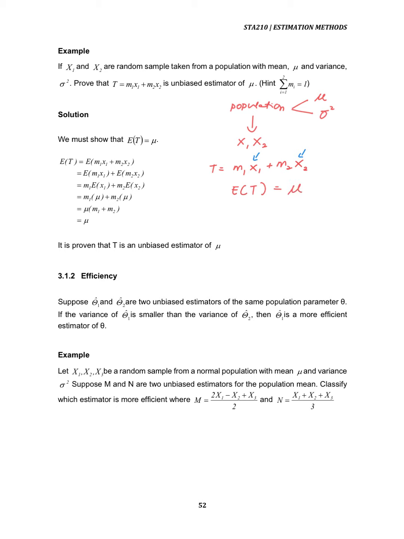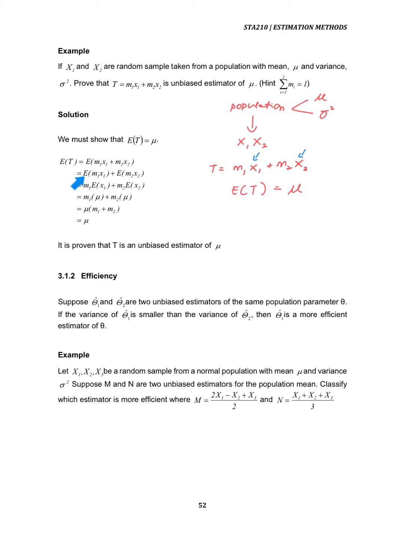Ni yang kita nak proofkan. Okay, so based on this example, tadi kita dah tahu dah t equation dia adalah m1x1 plus m2x2. So just substitute saja t dengan m1x1 plus m2x2. Okay, and then kita boleh pecahkan pula.